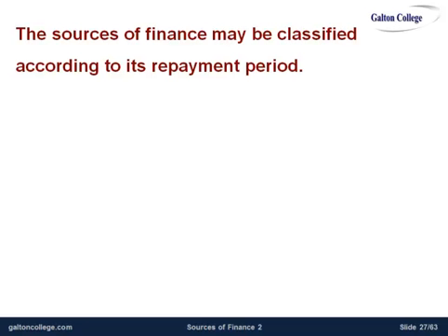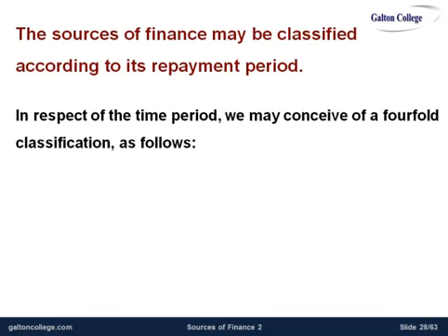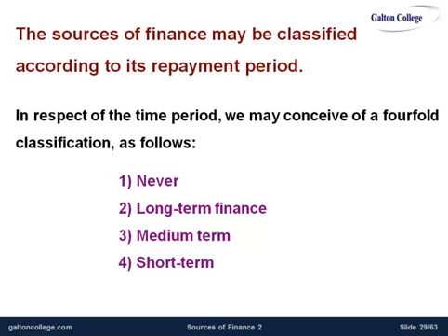Now, sources of finance may be classified according to the repayment period. Well, in respect of the time period, we can imagine there are 4 types. Never repaid. Hard to believe.